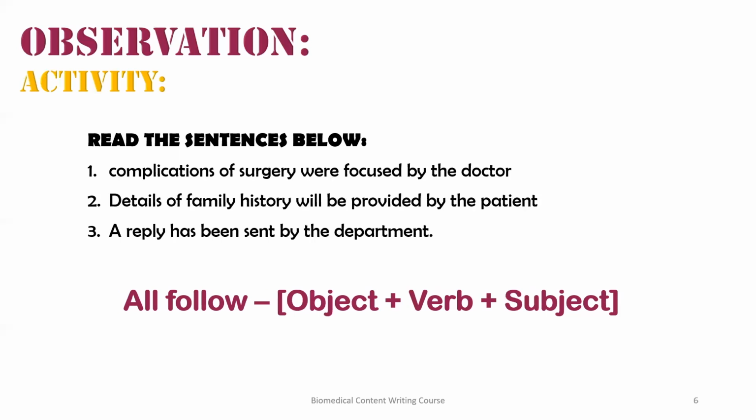Whereas in the passive, the subject goes at the end, means your sentence first tells what is done, on whom, and by whom. So your subject goes at the end of the sentence.